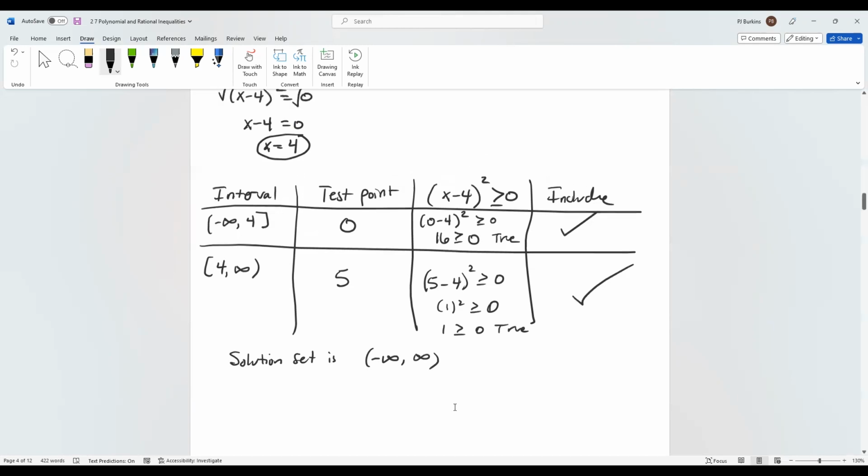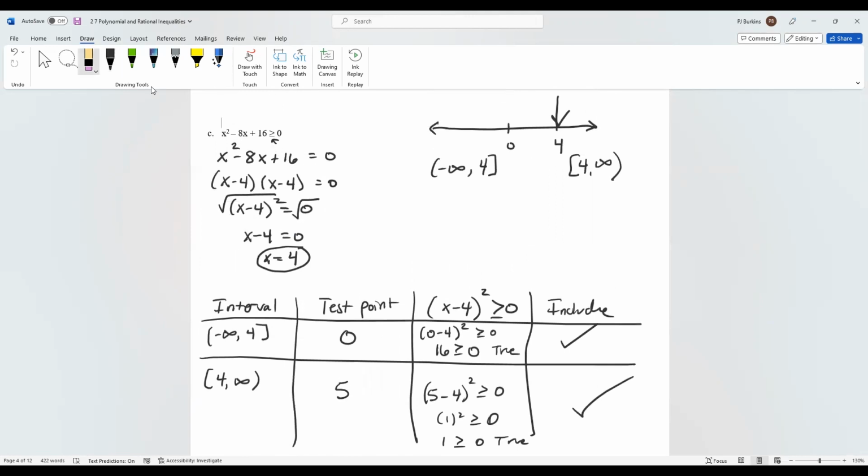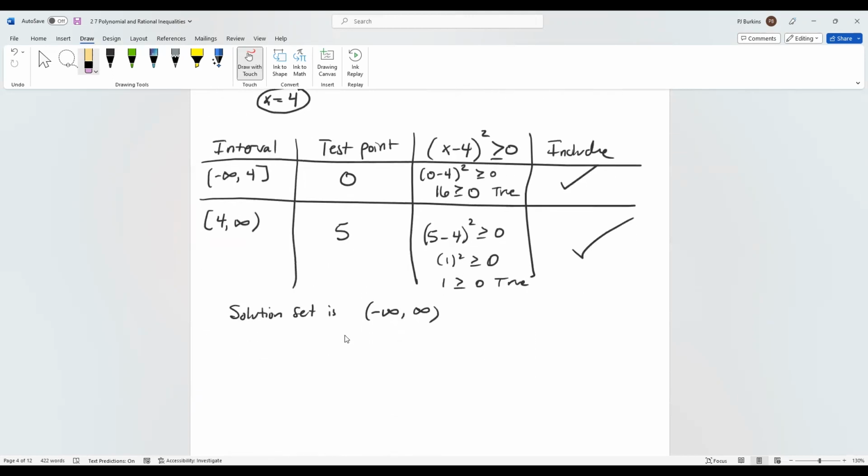If instead the problem was not equal to, right, if it was just greater than, so we'll say if the original problem was just this, the solution set would be a little different. It would be -infinity to 4 and 4 to infinity, not including 4. Okay.